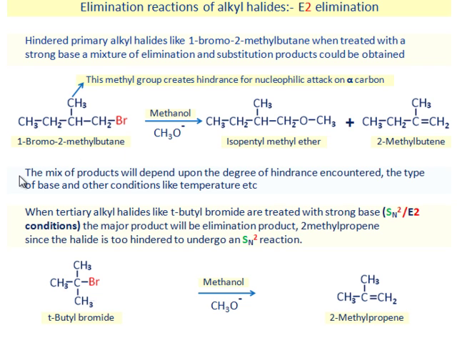The mixture of products will depend upon the degree of hindrance encountered, the type of base, and other conditions like temperature, etc. When tertiary alkyl halides like tertiary butyl bromide are treated with a strong base, the major product will be elimination product 2-methylpropene, since the halide is too hindered to undergo SN2 reaction.